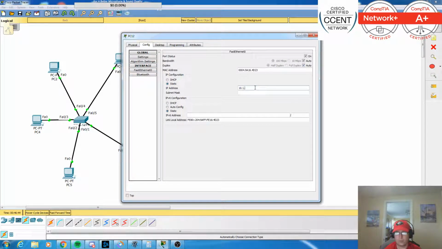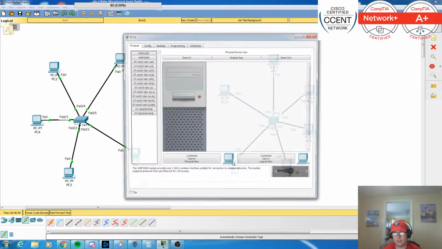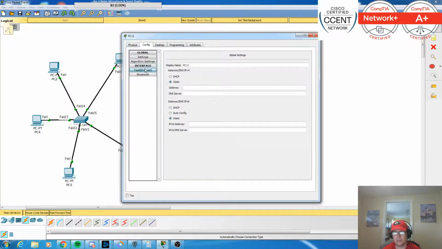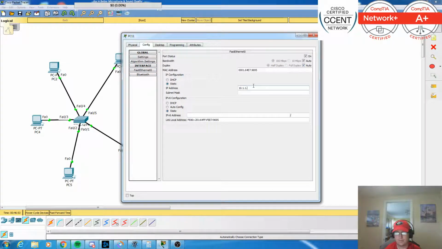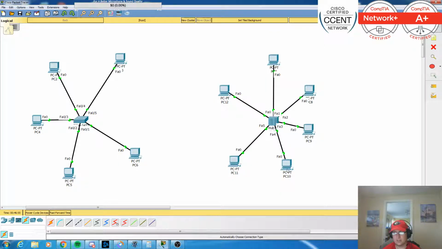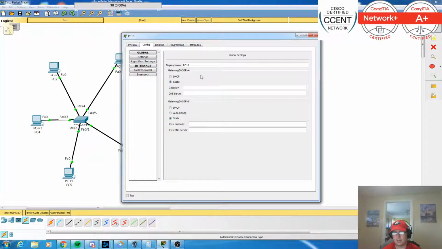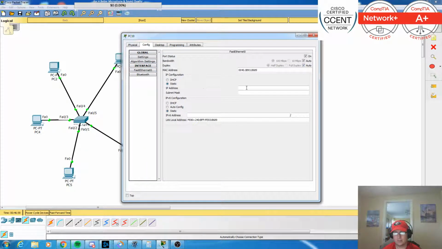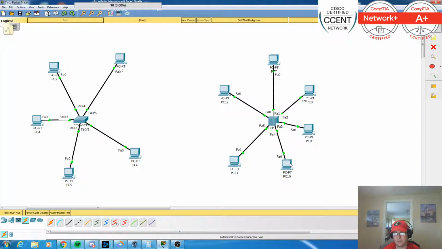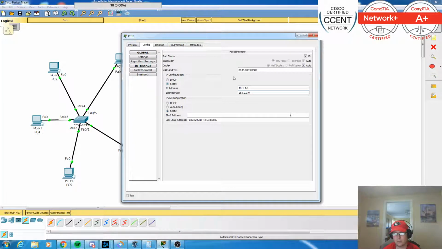So 10.1.1.2, 255.255.255.0, that's fine. It doesn't matter which PCs. I'm just trying to get this configured as quickly as I can for you guys so you can see. If you want to, you can do this the exact same way. They just got to all have different IP addresses. I don't know if I used 3 or not, but no big deal. Which one am I on? Okay, it was that one.